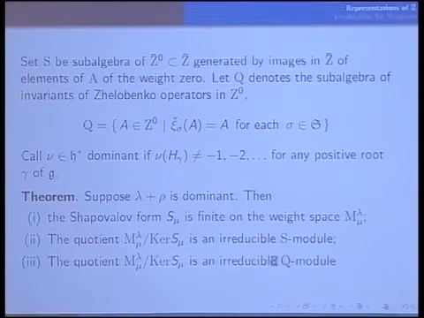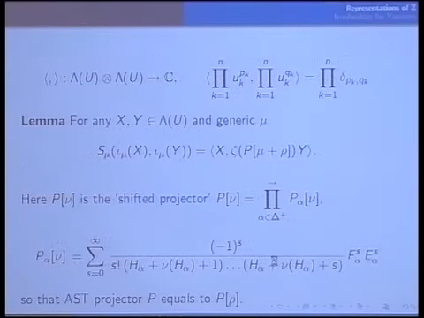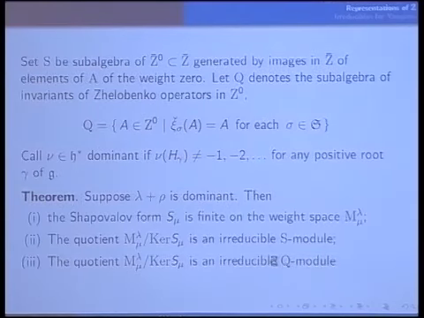Now, with this description, one can see the following. Surely this Shapovalov form, once you look at the expression, could have poles. It is defined only for generic weight mu. However, if we restrict ourselves to the weight lambda subspace of this module, and suppose that this weight is dominant, namely the usual condition, this form is fine and well defined.